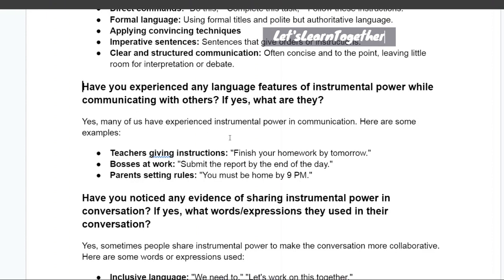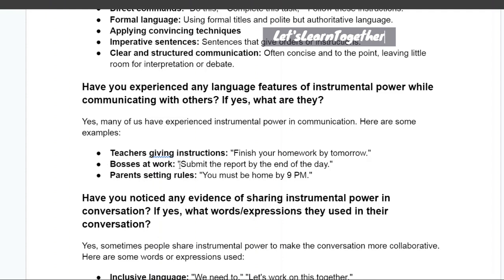That means here you have to share your own experience, how you have seen other people using instrumental power while communicating. So here are a few examples: teachers giving instructions, that's a demonstration of instrumental power because they are giving an order or a command. Okay, for example, finish your homework by tomorrow.